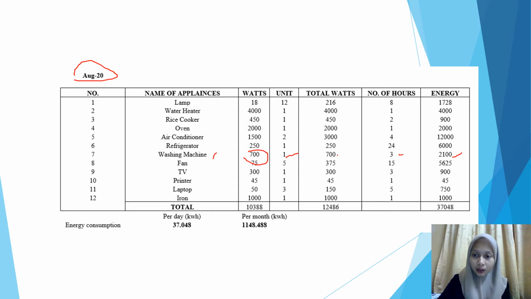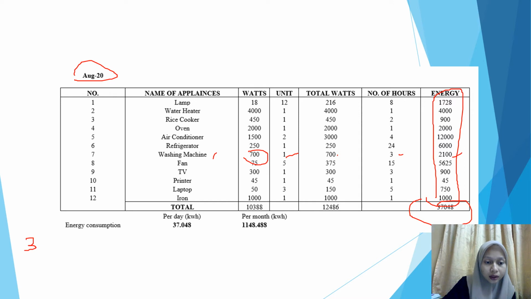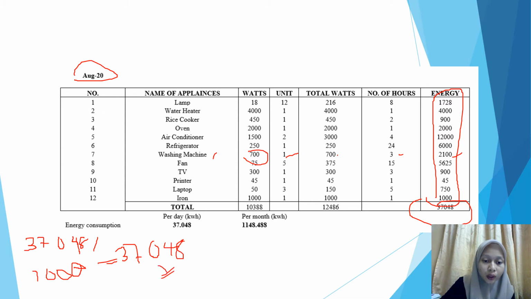So we take the energy per day, total 37,048, divide by 1,000, and we get 37.048 kilowatt hour per day.